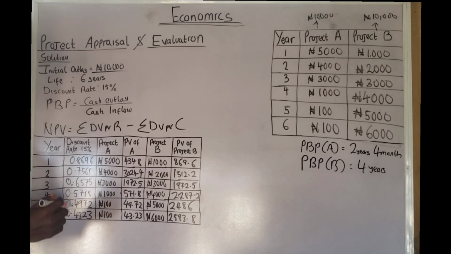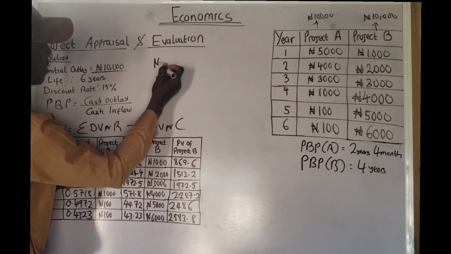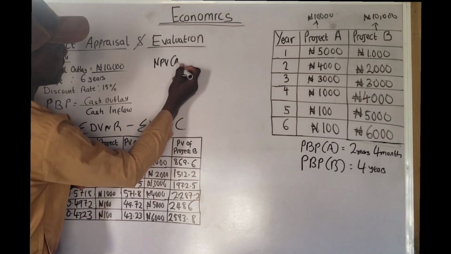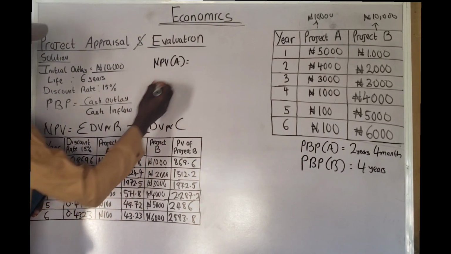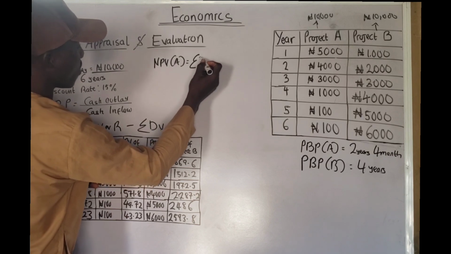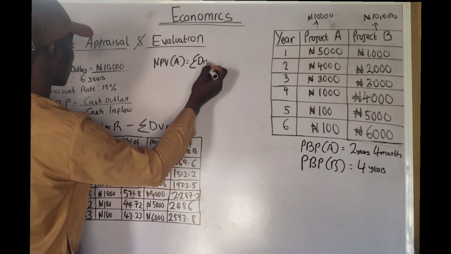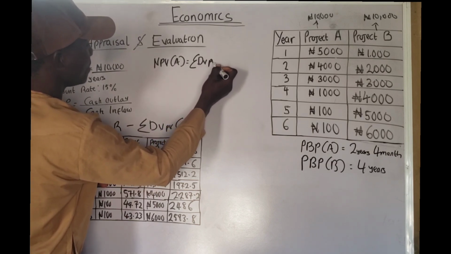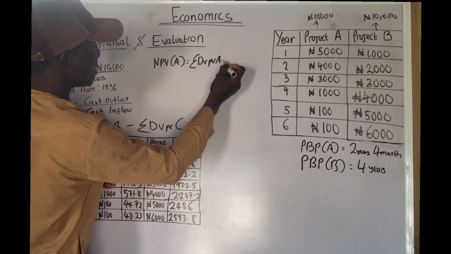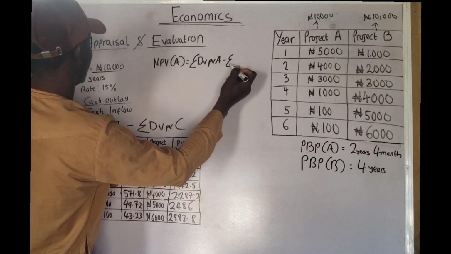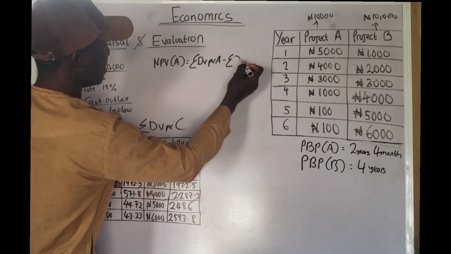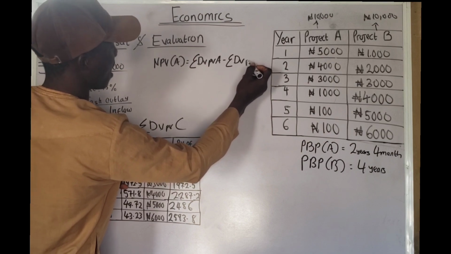Please pay attention. The NPV of project A will now become the summation of the product of the discount value and the PV of project A, minus the summation of the DV and PV of the cost.